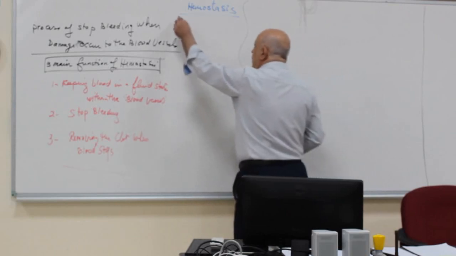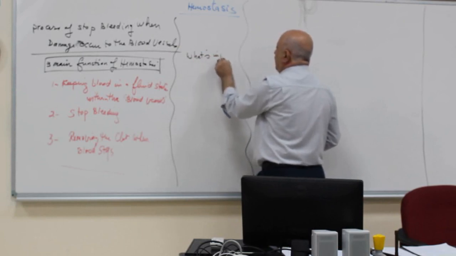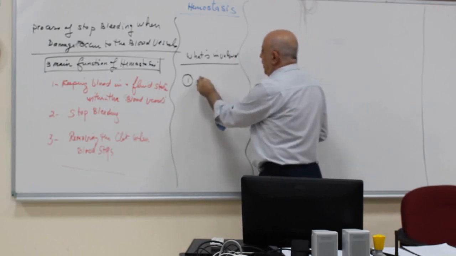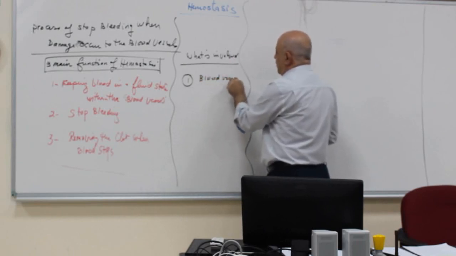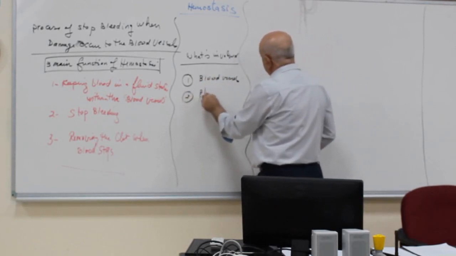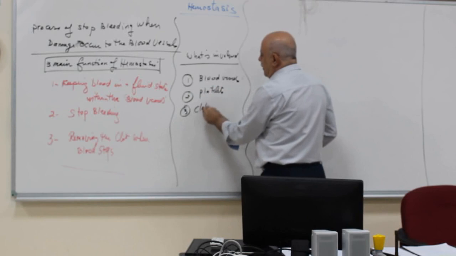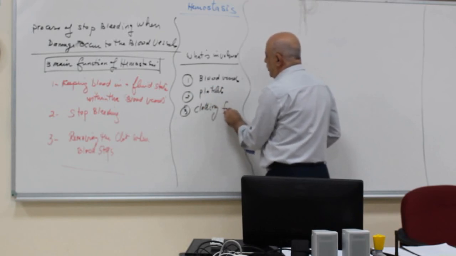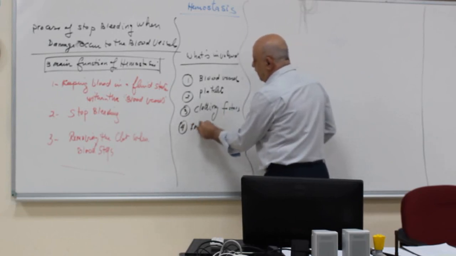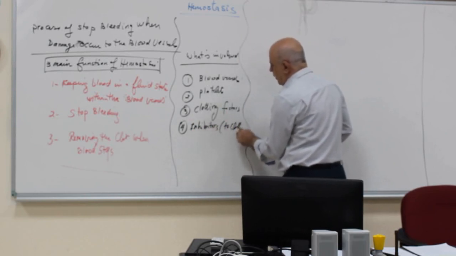Now, what is involved? First, the blood vessels are involved in hemostasis. Second, platelets. Third, clotting factors. Fourth, inhibitors to clotting.